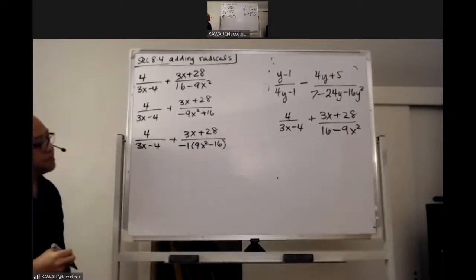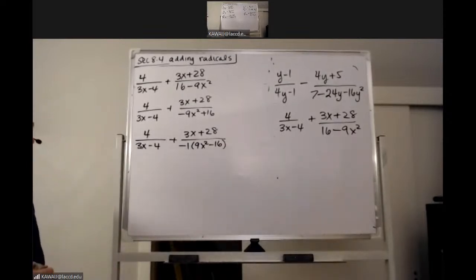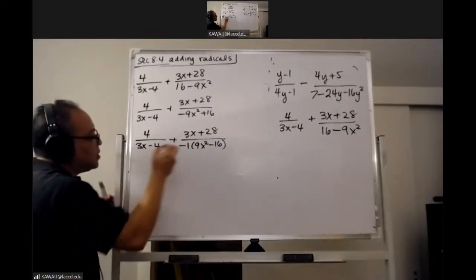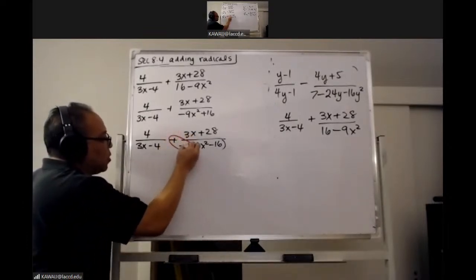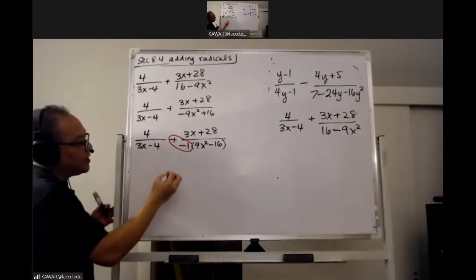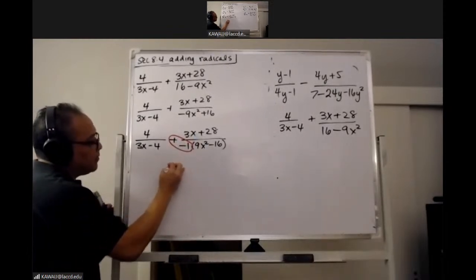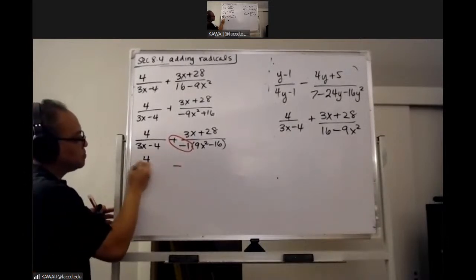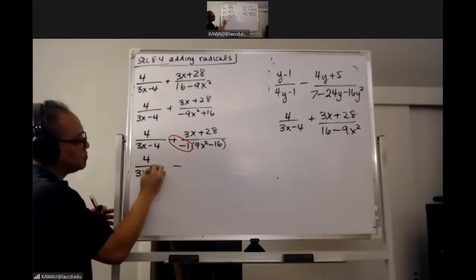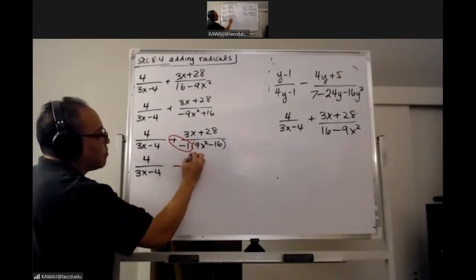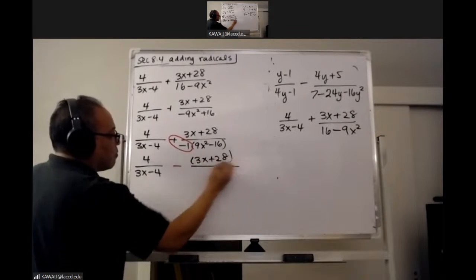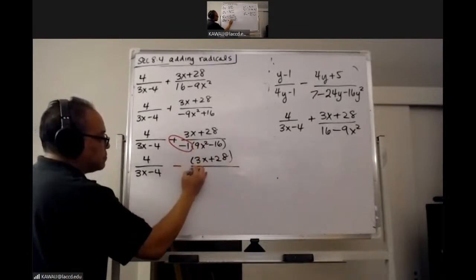What's going to happen is that I'm going to look at this and go, a positive times a negative is negative. And then I'm going to factor that.